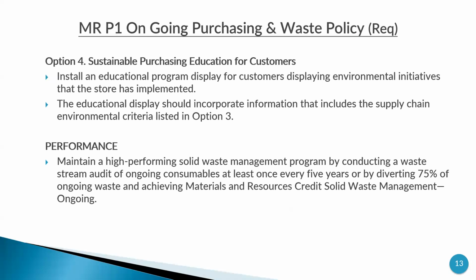Maintain a high performing solid waste management program. What is that program? How do you do it? By conducting a waste stream audit of ongoing consumables at least once in 5 years. Every 5 years you need to do it. Or by diverting 75% of the ongoing waste and achieving the Materials and Resources credit, Solid Waste Management, Ongoing.